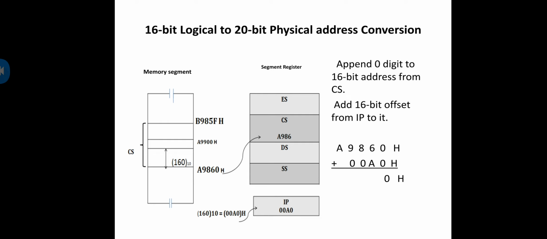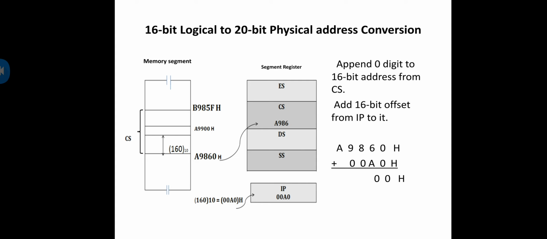Those who are not aware of how to perform addition in hexadecimal, please look for that video. Now see how to perform this addition. 0 plus 0 is 0, then 6 plus A, where A represents 10. 6 plus 10 is 16. 16 modulus 16 is 0, and 16 divided by 16 is 1. So 16 divided by 16, which gives 1, acts as a carry.